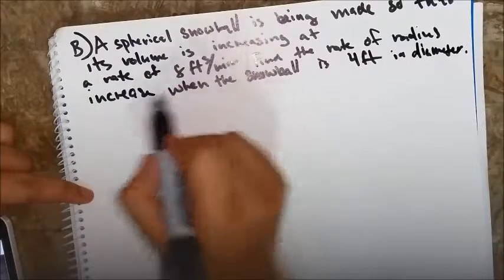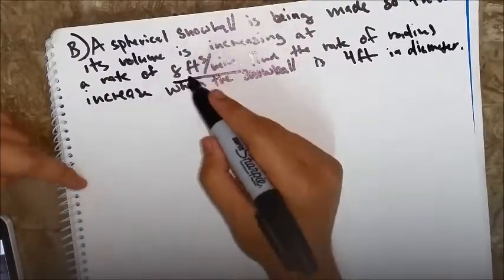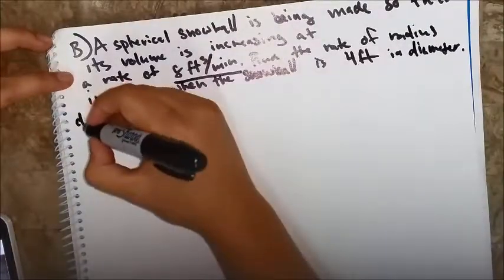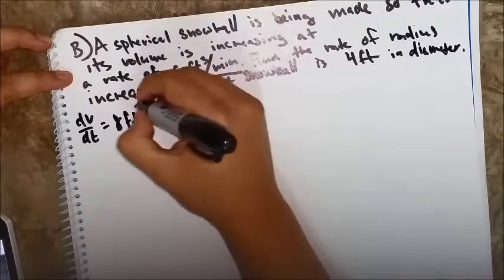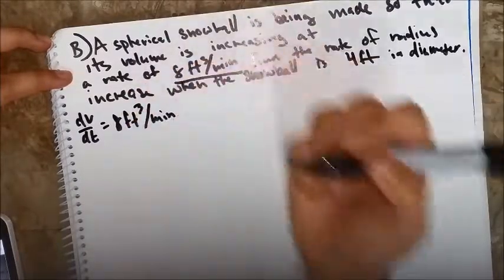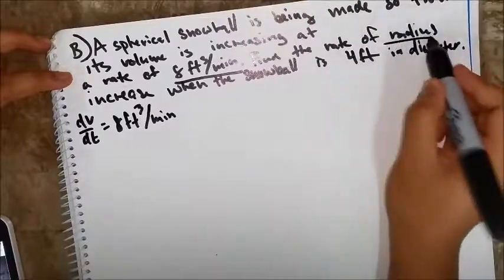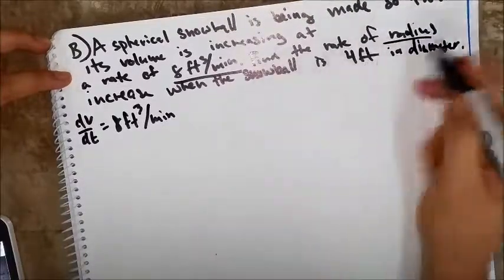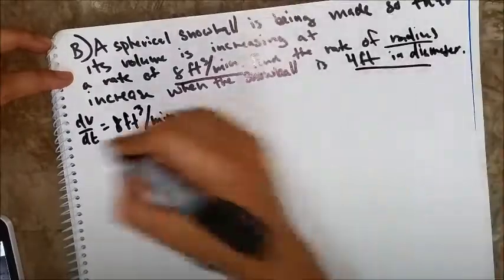We have dV over dt, which is 8 cubic feet per minute. Next, we have the radius, which we can get from the diameter, which will be 2 feet.